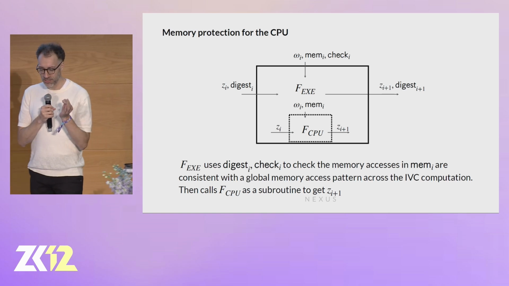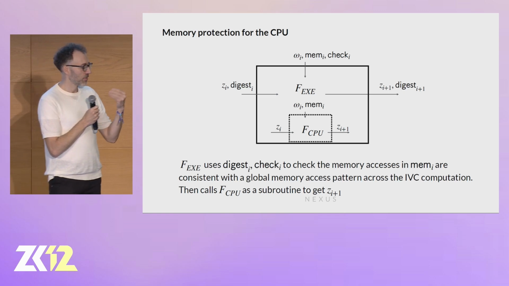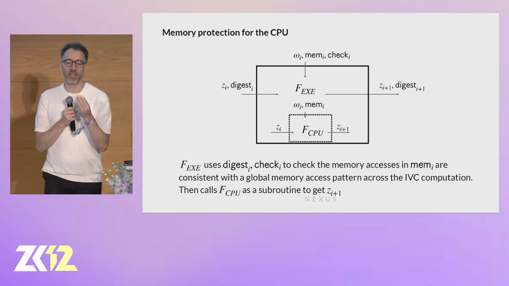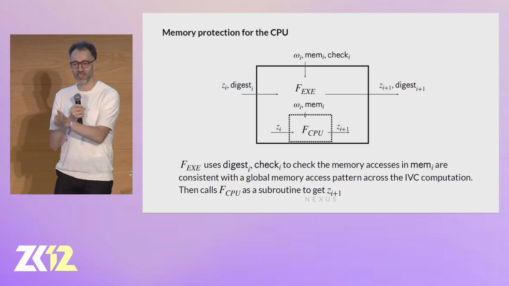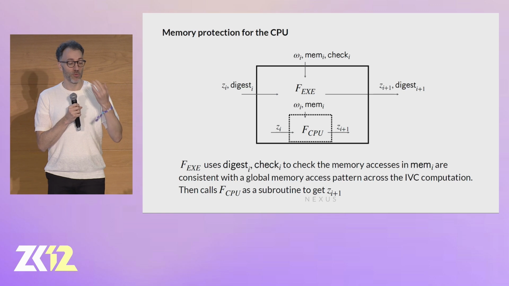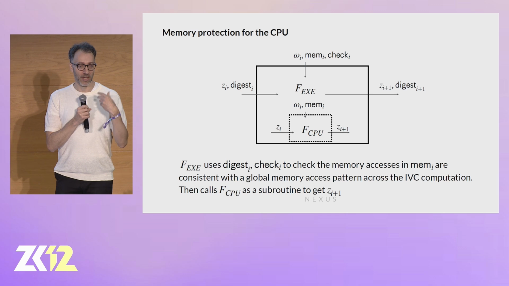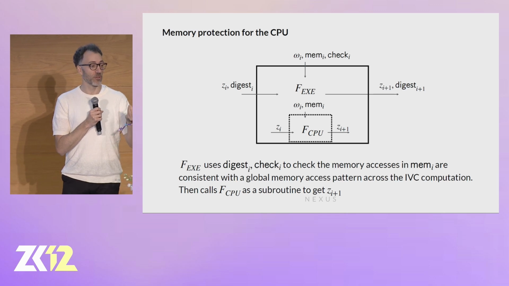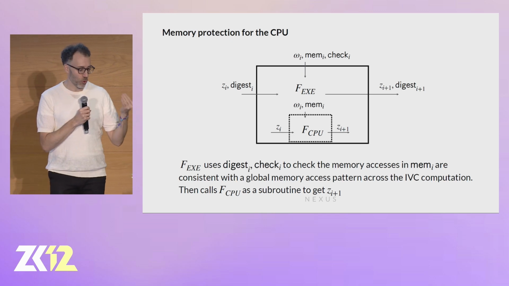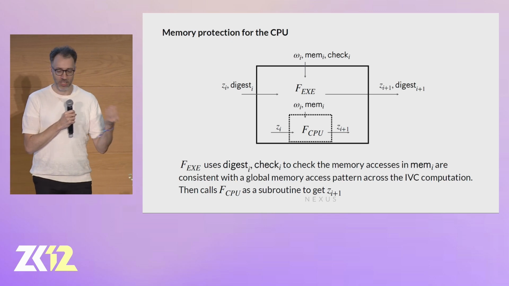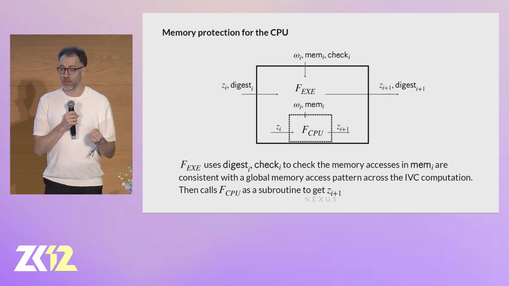So the high level of these ideas is we want to insert some memory protection for the CPU, right? So we still want to prove that the CPU transitions are correct and they're progressing correctly, but then we need to give them some protection that also the memory accesses they get to see are actually correct. So we can imagine augmenting the state of the CPU, z_i, with a digest of the memory, right?